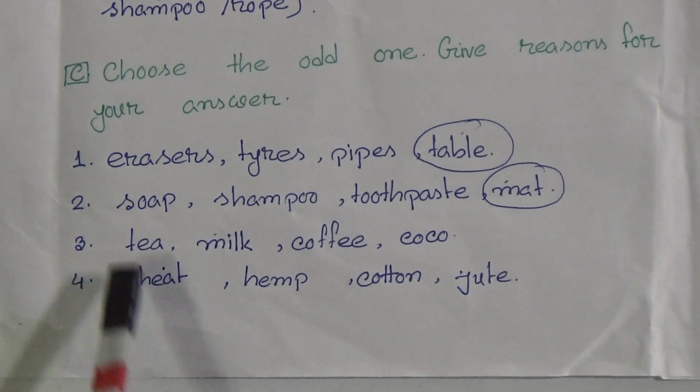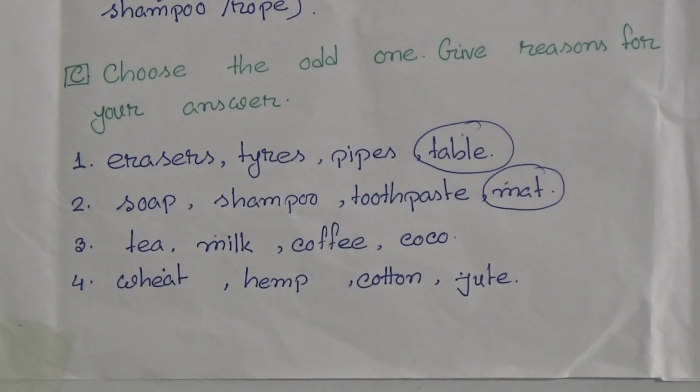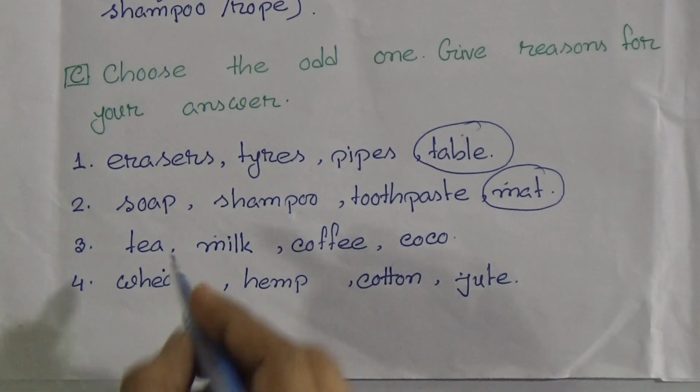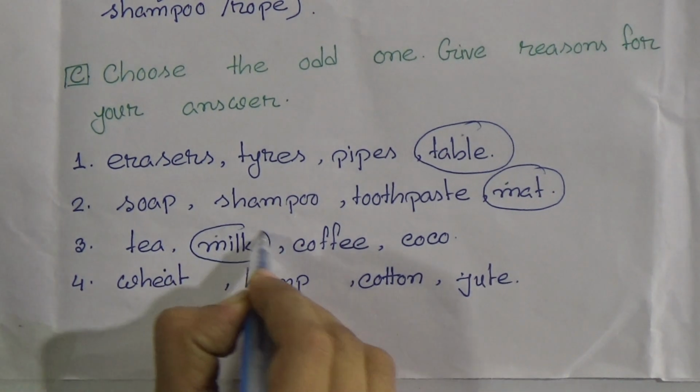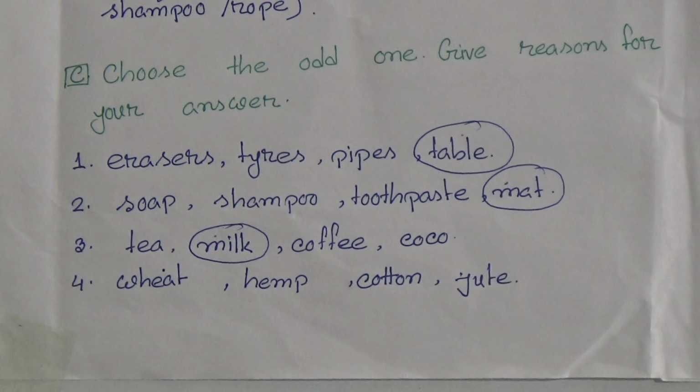Here tea, coffee and cocoa, these 3 things we get from plants, but we get milk from the cow or animals like cow, goat or sheep. So here milk is odd because the other 3 things we get from plants.